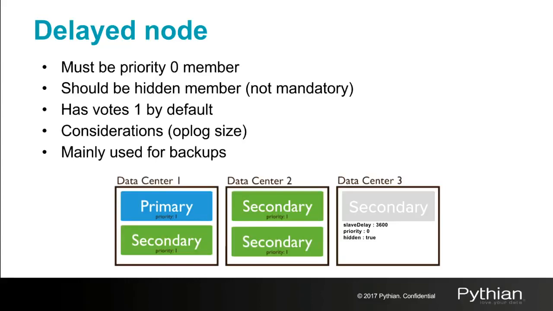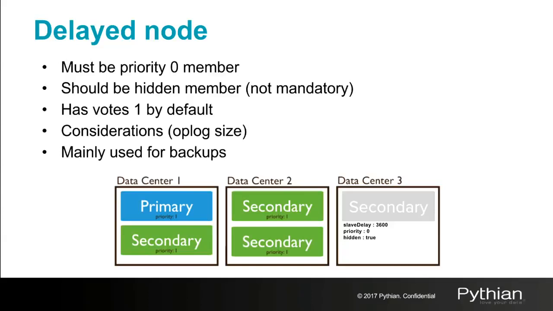A delayed node is a node where we can set the replication thread to delay from the primary node by a certain amount of seconds. The delayed node must be a priority 0 node, so it does not get elected as a primary node.